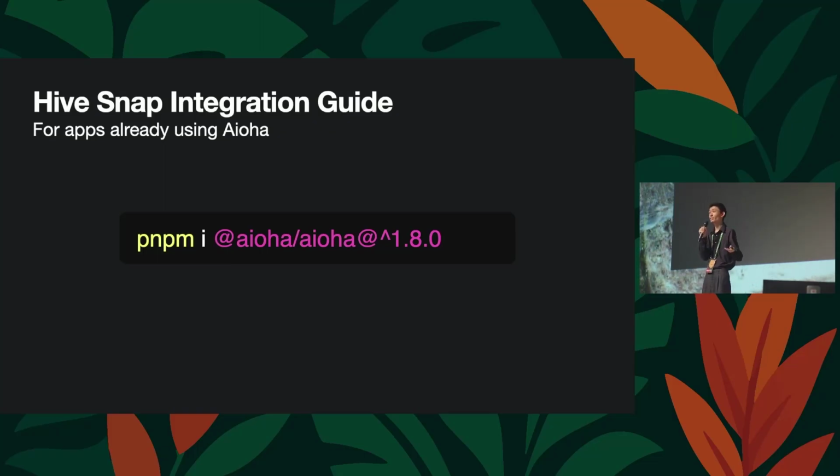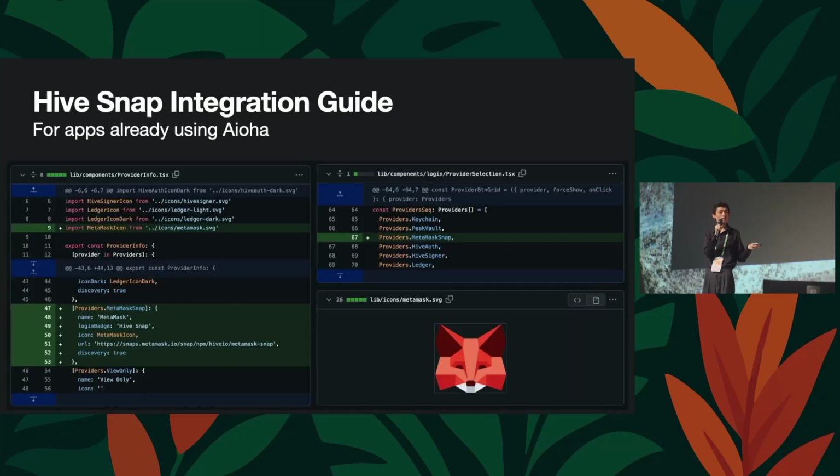Depending on how you are using Aioha, for many production apps you are most likely going to have your own UI logic, and you will just have to add some metadata to your app, which is what we have done to the Aioha React UI: add the logos, the name, the URL, and that's it.